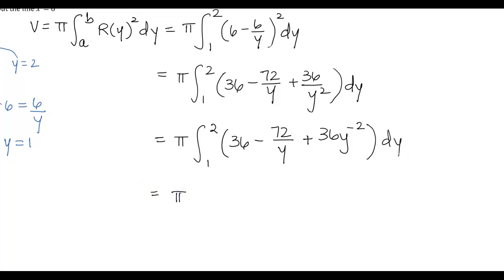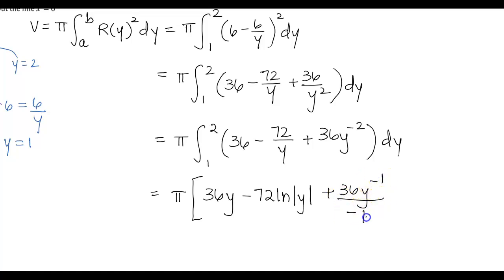Now I'm ready to start integrating. The integral of 36 is 36y. The integral of negative 72 over y is minus 72 natural log absolute value of y. And the integral of 36y to the negative 2 is 36y to the negative 1 divided by negative 1. And all of this needs to be evaluated from 1 to 2.